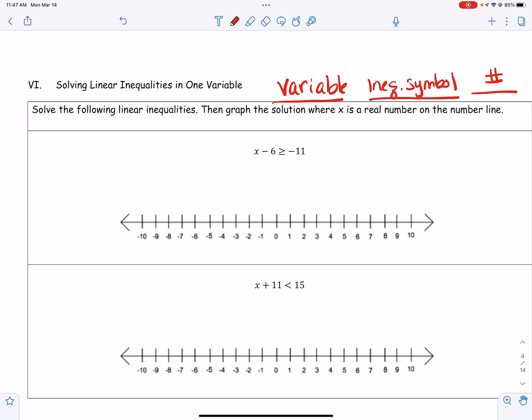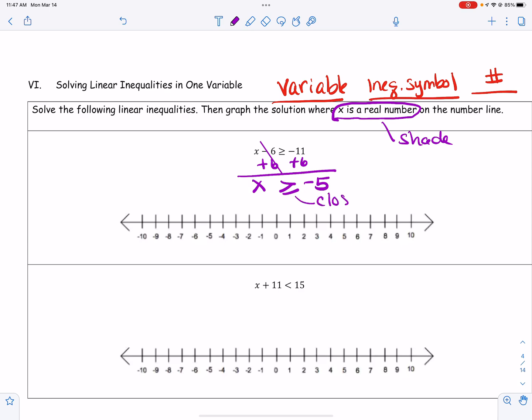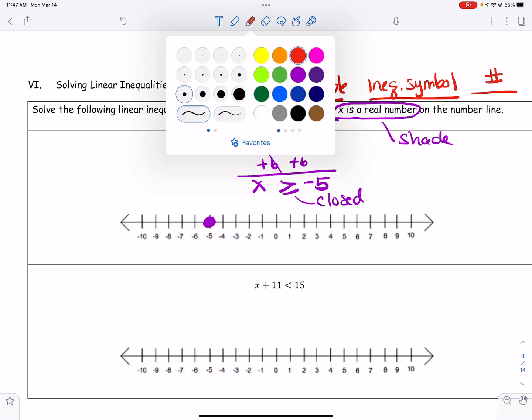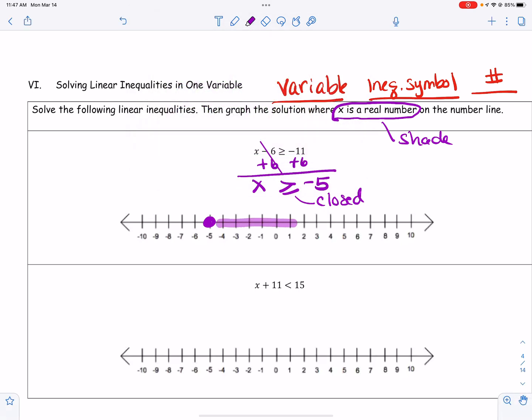So when I look at this and it says x minus 6, I'm going to add 6 to both sides. That disappears, and x is greater than or equal to -5. Then I come up here and I see x is a real number, so I'm going to shade. This means it's a closed circle, so I put a closed circle on -5, and then I will shade to the right.